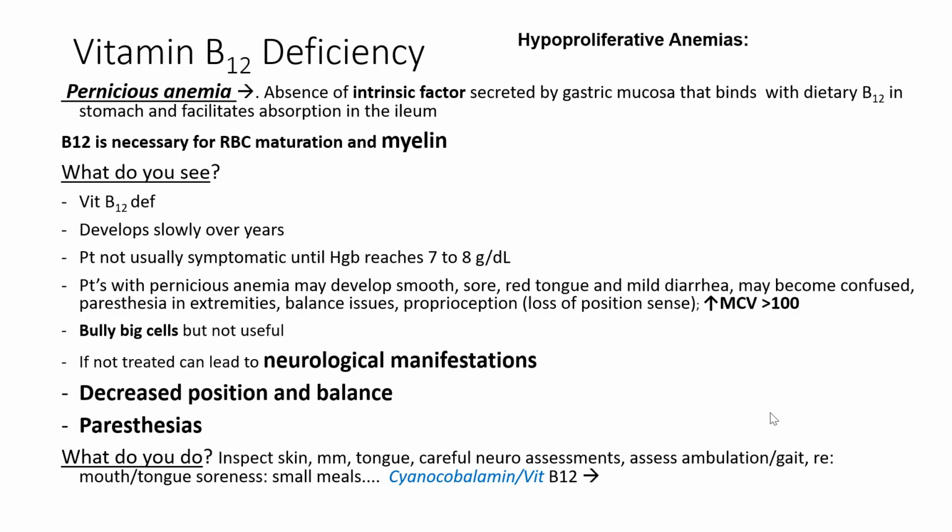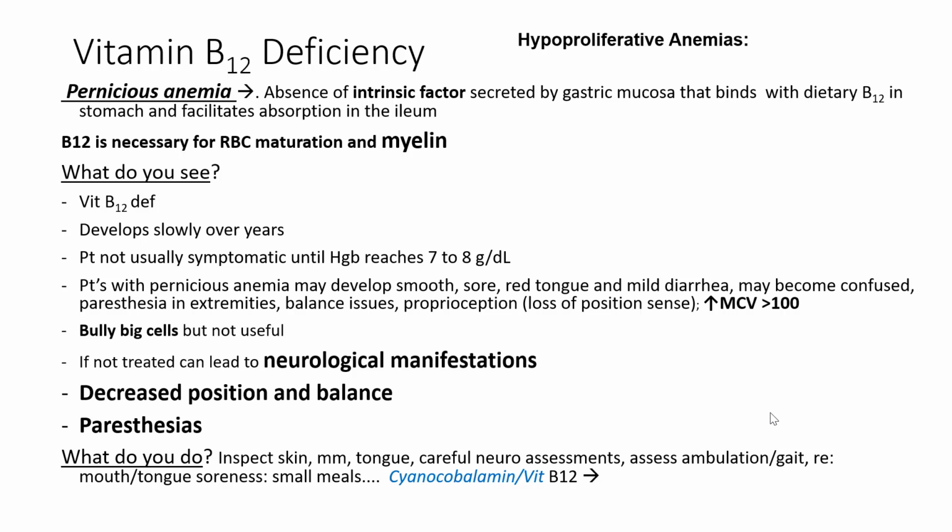So it's important to look for paresthesias, decreased sensation in their lower limbs, and a decreased awareness of position and balance. Here with vitamin B12, the MCV is large. It's greater than 100. So that's classic for vitamin B12 deficiency.